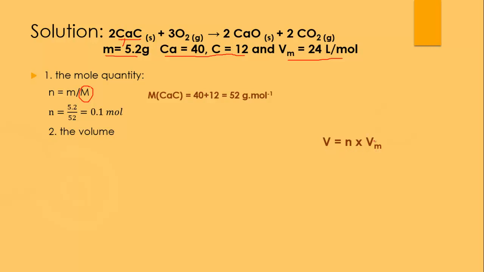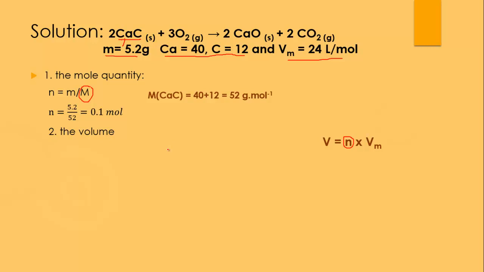Then Vm is given. How to calculate the number of mole of oxygen? Do we have a given for oxygen gas in the example? No, we don't have any given for oxygen gas. So how to calculate the oxygen gas?